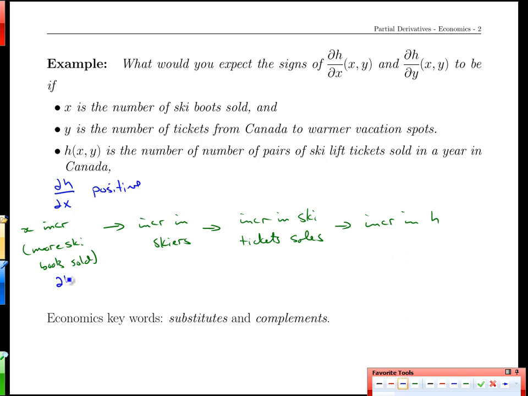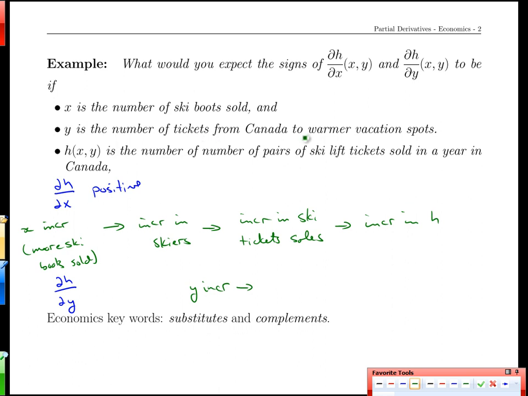Likewise, if we look at the relationship between y and H as a partial derivative, we can take a look at what happens when we increase y. If the number of tickets from Canada to warmer vacation spots goes up, then this is again a more indirect connection, but economic theory would tell us that people have a choice and there's a limited budget.